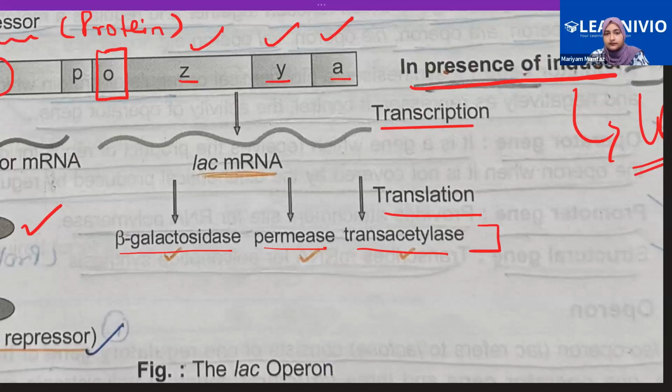Because the product of transcription is the messenger RNA. That's so true. Very good. It further serves as the material for the process of translation. Yes. In layman terms, what do you call the process of translation?